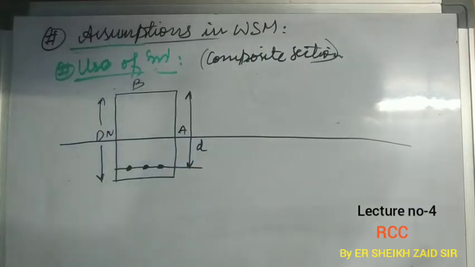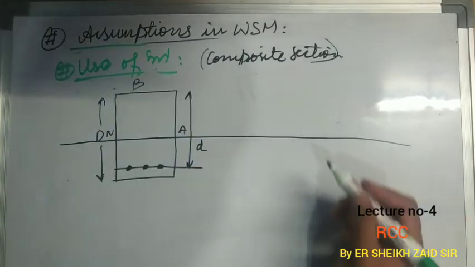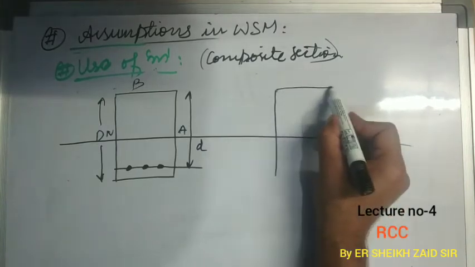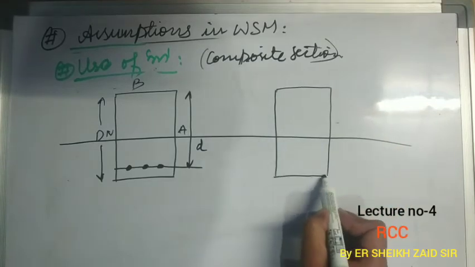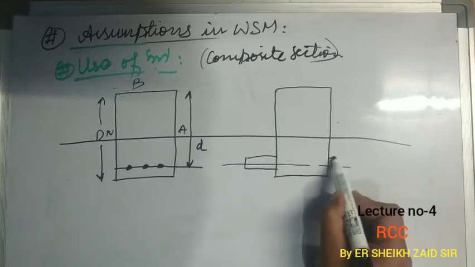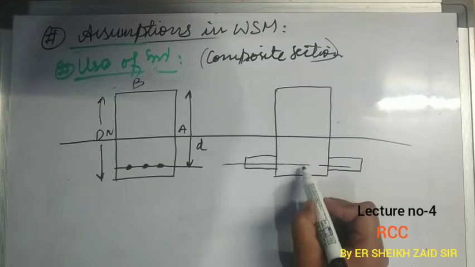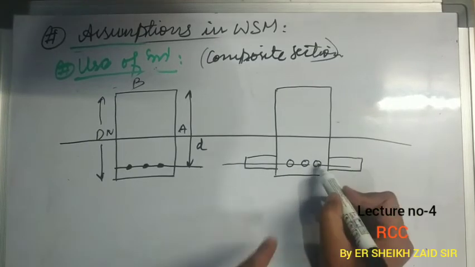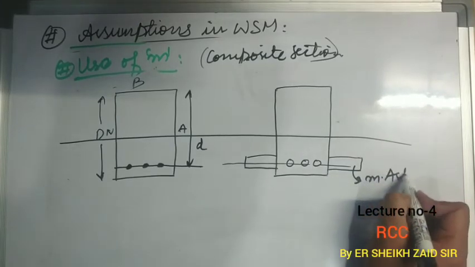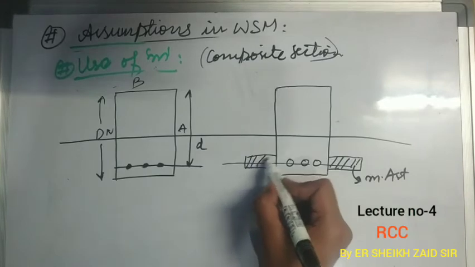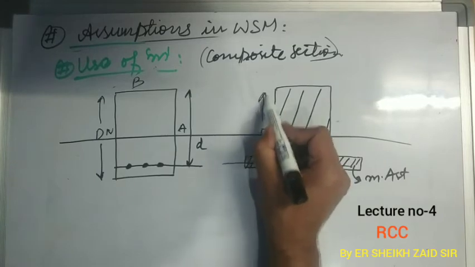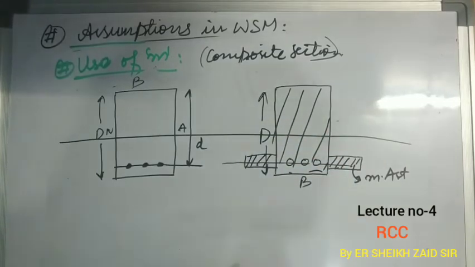So if I convert it into equivalent concrete, it will be just like this. So this AST is converted into M into AST. Here again it is your overall depth and this is your width B.